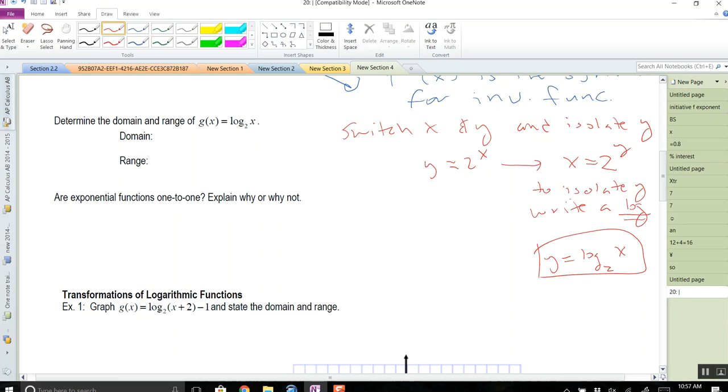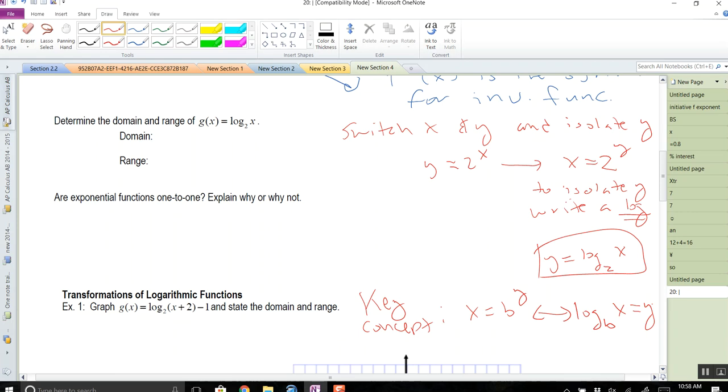So the key thing here, this is the key concept. If x equals b to the y, it's the same exact thing as saying y equals log base b of x. I'm using double arrows for a good reason. They're interchangeable. x equals b to the y and y equals log base b of x are the same thing.